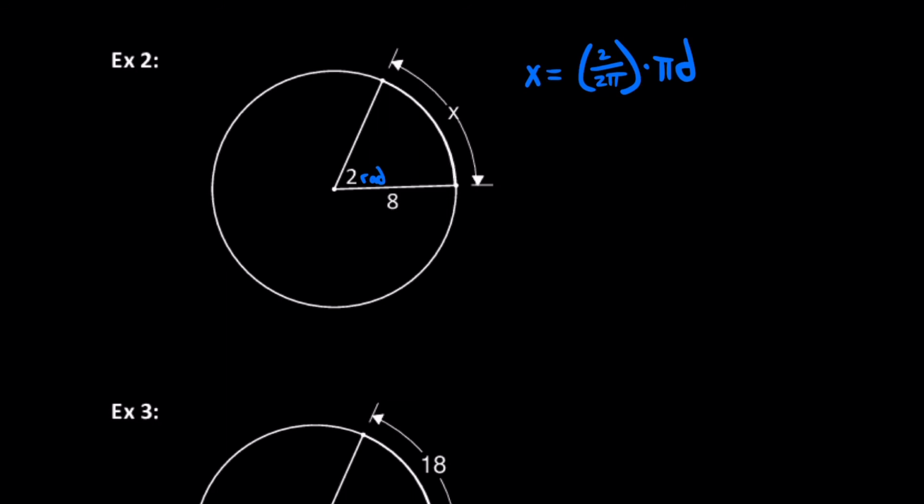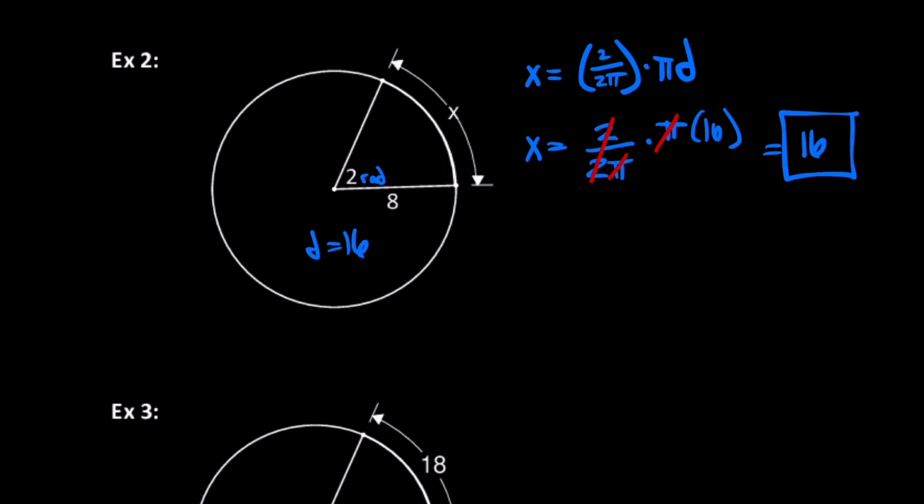My radius is 8, so my diameter is 16. Just plug that in. X equals 2 over 2 pi times 16. Now, this is why radians work out nicely, because when I do this, these pi's cancel, the 2's cancel. Wow, that's just equal to 16. That's kind of cool.